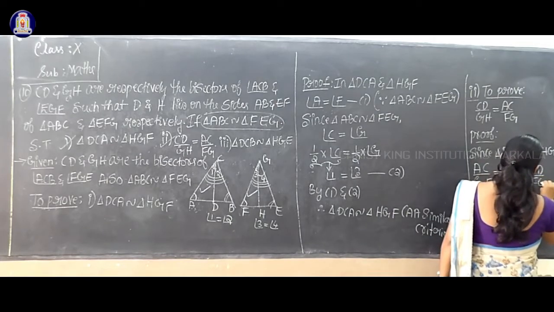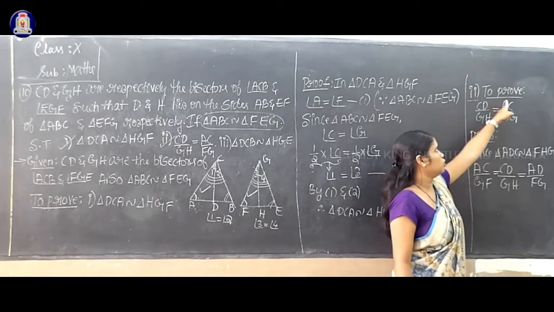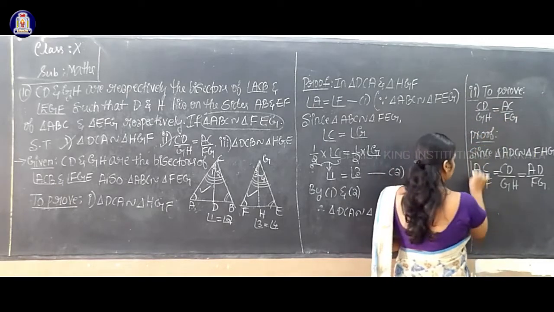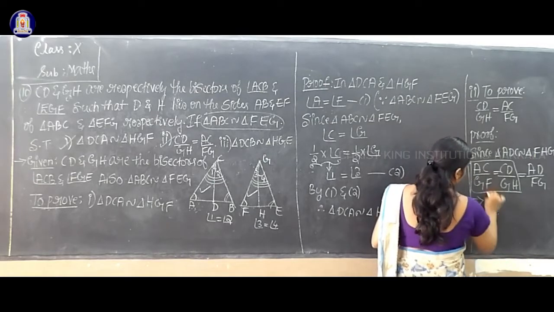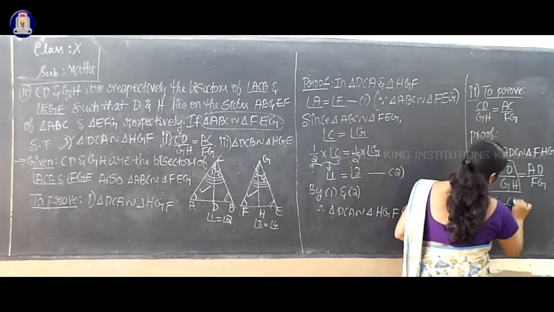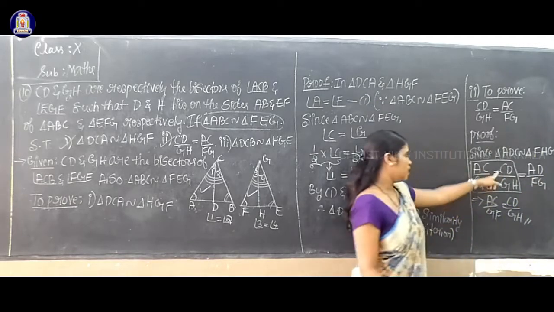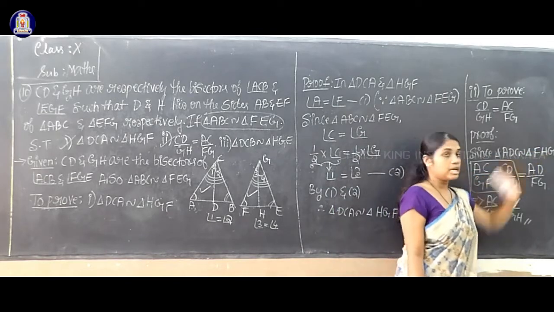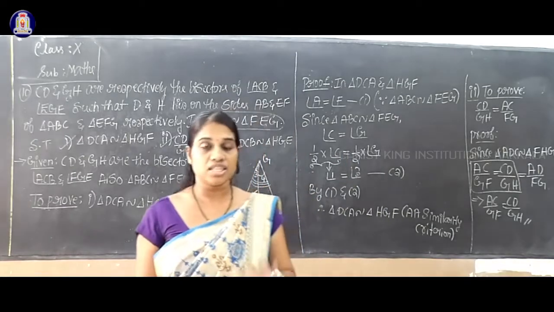But here actually we want CD by GH equal to AC by FG. So only the first two ratios are enough. This implies AC by GF equal to CD by GH. Understood now? Because these two triangles are similar, we know that corresponding sides are in the same ratio.